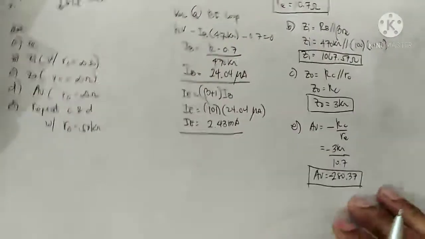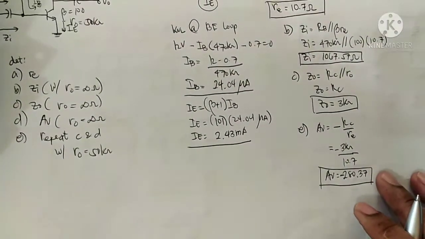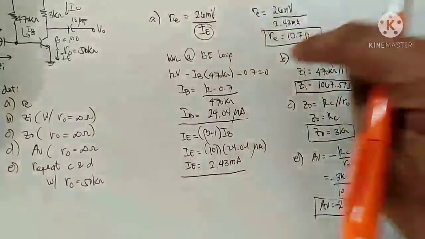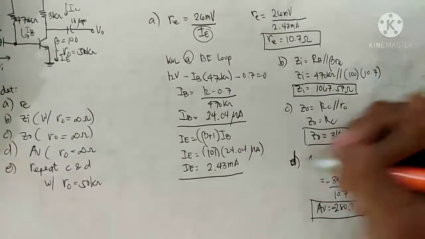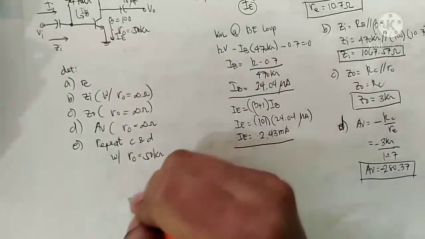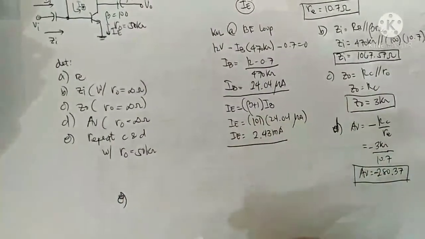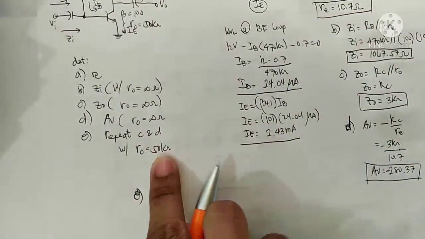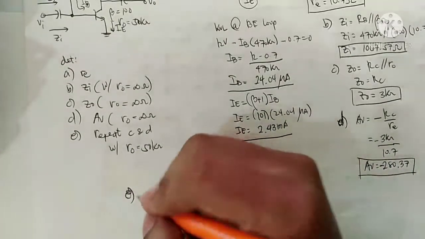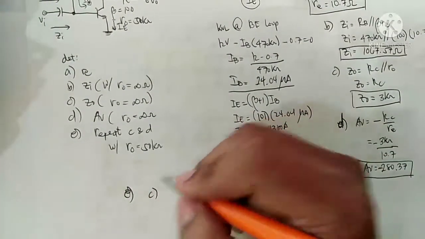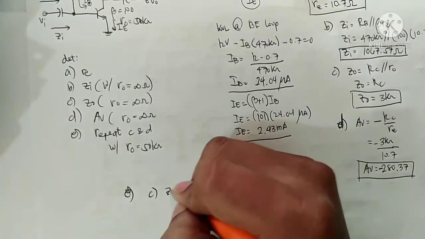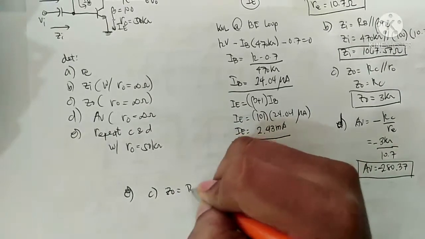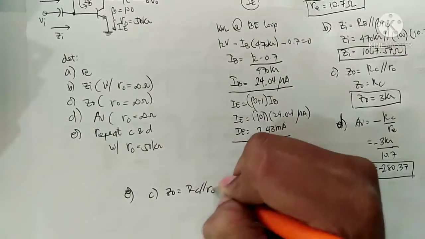Next, letter E. Letter E, we go back to C and D, but we're going to use 50K for RO. So back to letter C. This is Z out is equal to RC parallel RO.